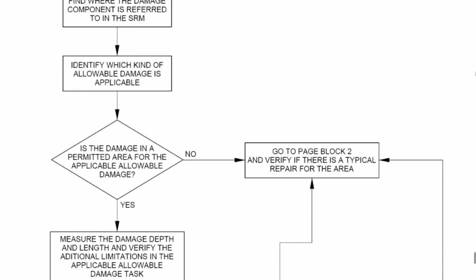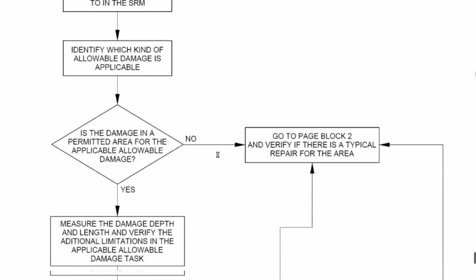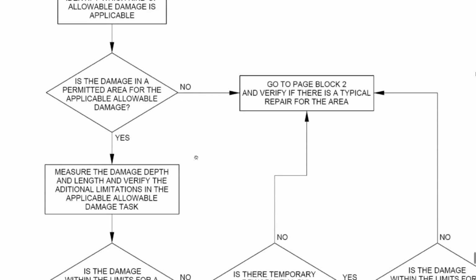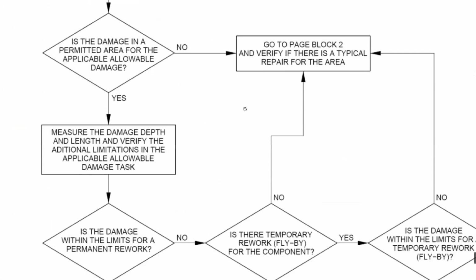If in the SRM there's nothing about this area like allowable damage, you don't need to look more. You don't need to make an assessment, because you have to replace the component if there's nothing in the allowable damage list. But let's take this logic here.